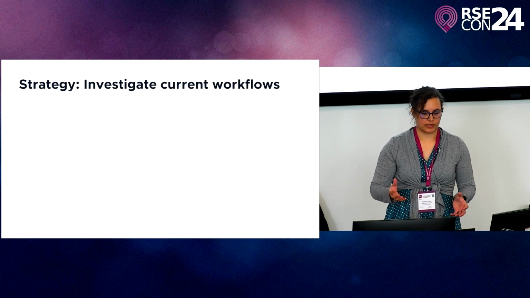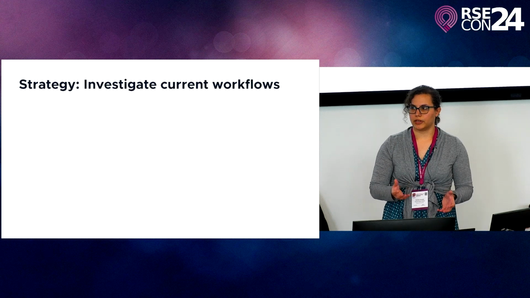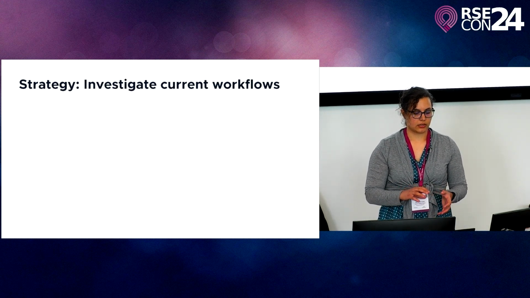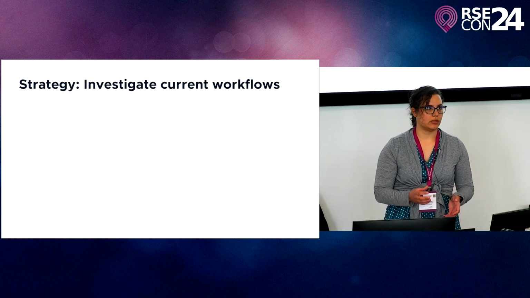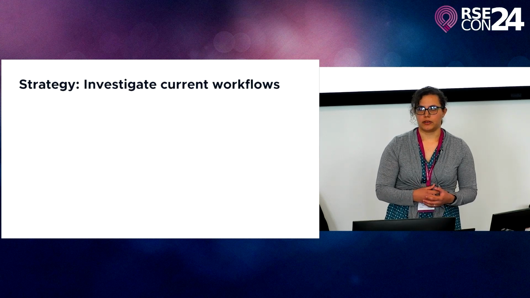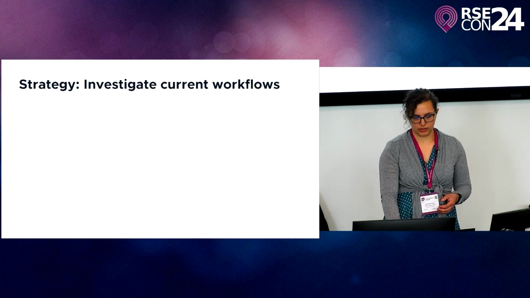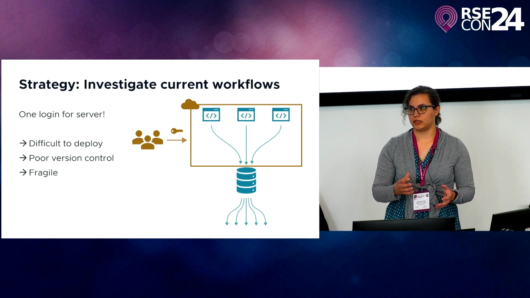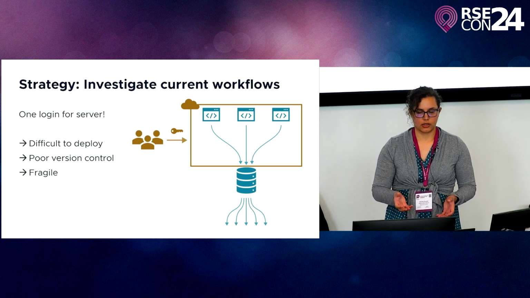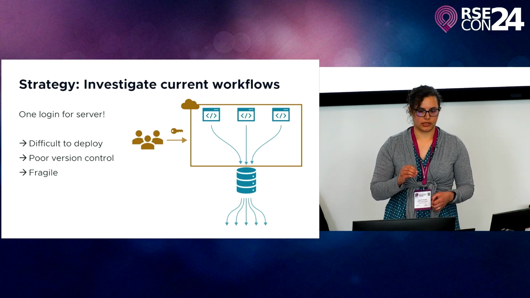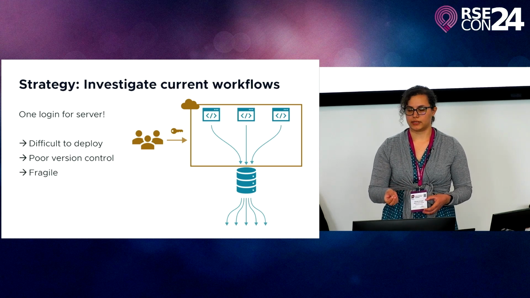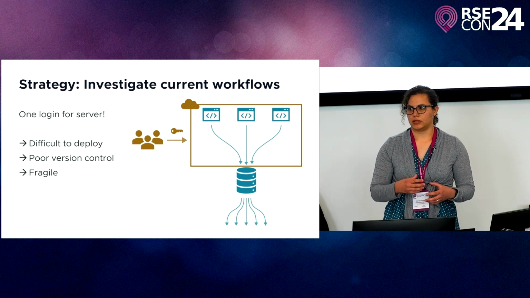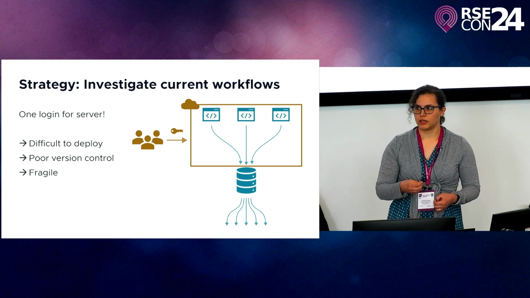Now, you probably noticed that a lot of these stories revolve around development and collaboration. So we decided to take a closer look at the team's current development workflow. And it quickly became apparent why this was a pain point for the team. And that's because there's just one login for this AWS server where the system lives. So the team could only work on this server one person at a time, and was either developing live on the server or manually pulling and pushing, making changes to the code.